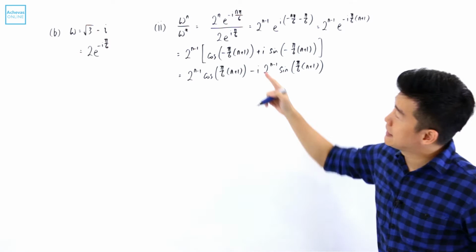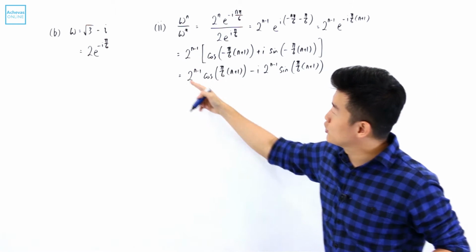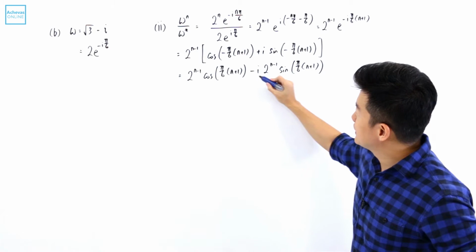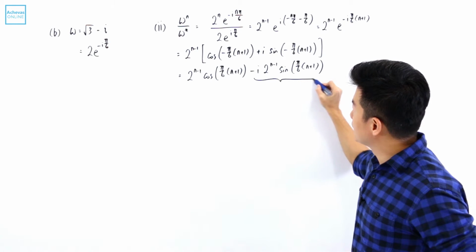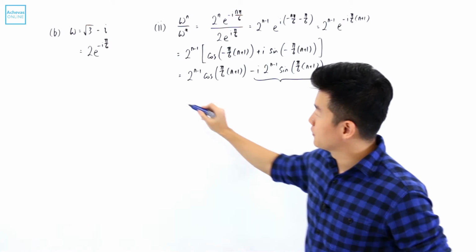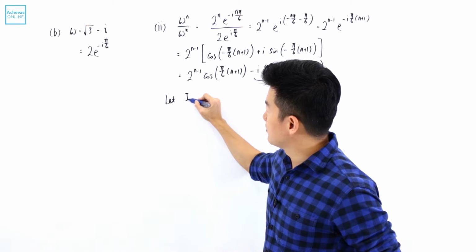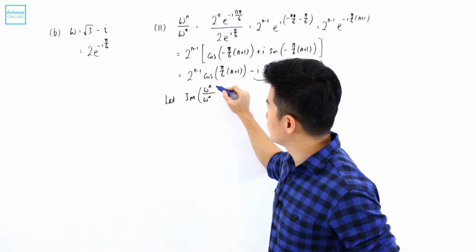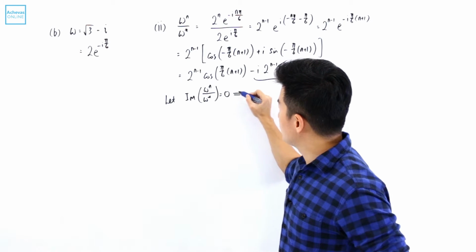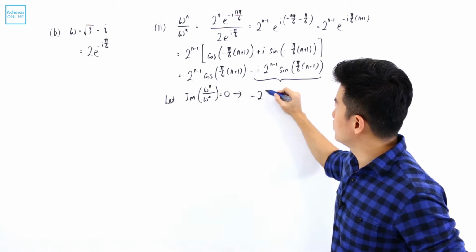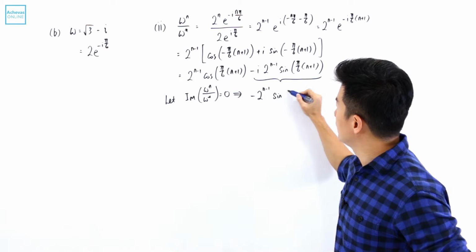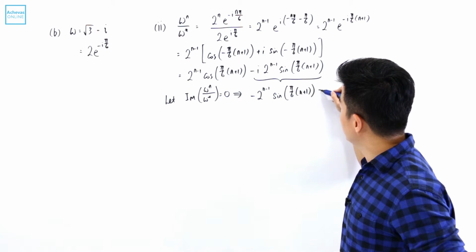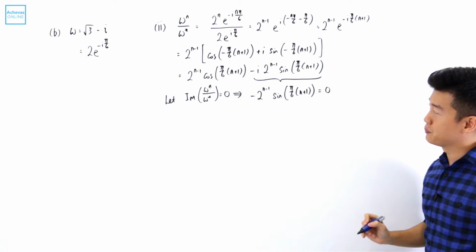And we want to make sure that w to the power of n over w conjugate, this entire thing here, is purely real. Which means that we need to let the imaginary part of this be equal to 0. So letting the imaginary part of w to the power of n over w conjugate be equal to 0, what we will have is minus 2 to the power of n minus 1 sine of pi over 6 times n plus 1 is equal to 0.